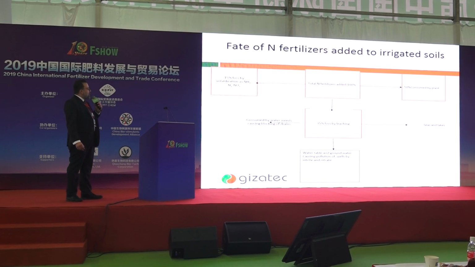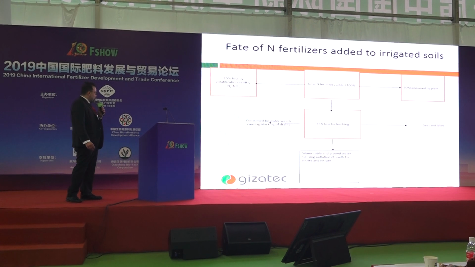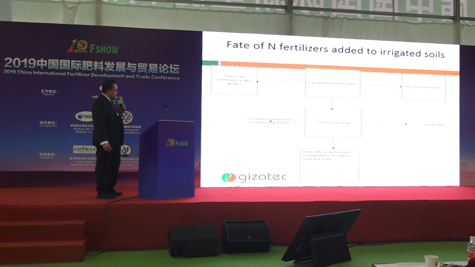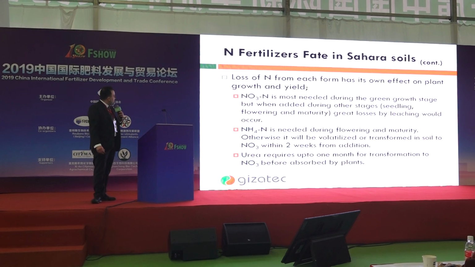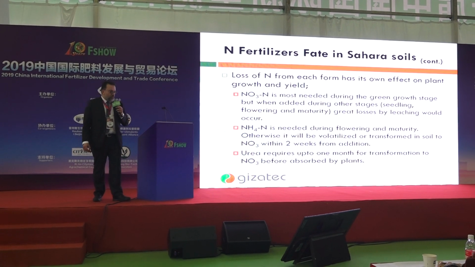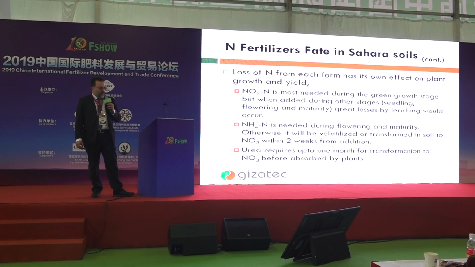Most nitrogen is actually lost by volatilization or leaching when soil pH increases. Loss of nitrogen from each form has its own effect on plant growth and yield.